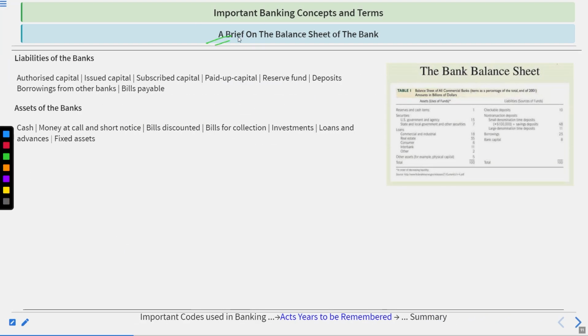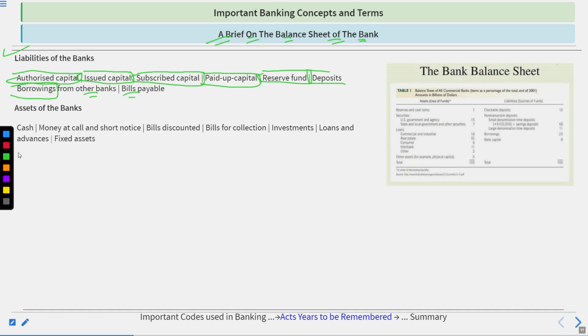Now, a brief on the balance sheet of the bank. First, the liabilities of the bank are authorized capital, issued capital, subscribed capital, paid up capital, reserve fund, deposits, borrowings from other banks, and bills payable.